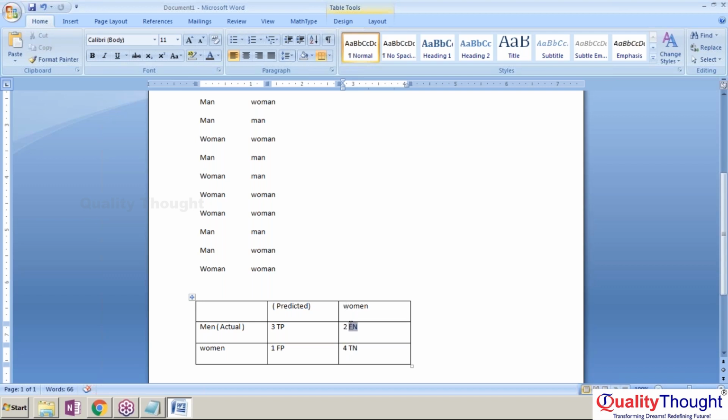False negative represents incorrectly predicted woman values. False positive represents incorrectly predicted men values. All of you understand this one?